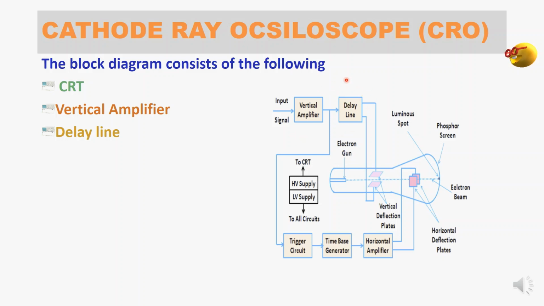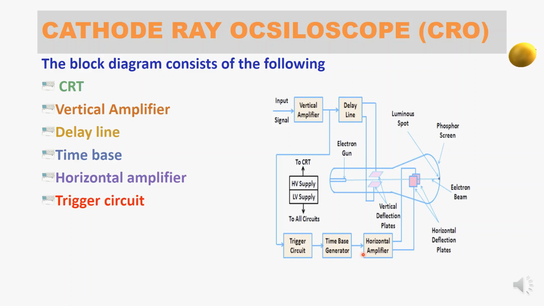These two blocks belong to the vertical section. Next, time base, horizontal amplifier, then trigger circuit, and these are responsible for horizontal deflection. Then at last we have a power supply. We have two types of power supply here: high voltage supply and low voltage supply. Let us deal with them one by one now.